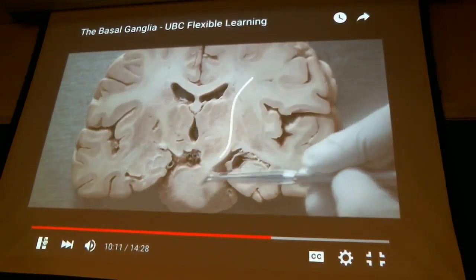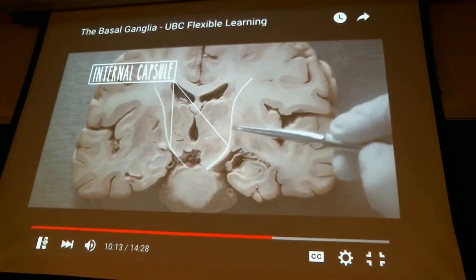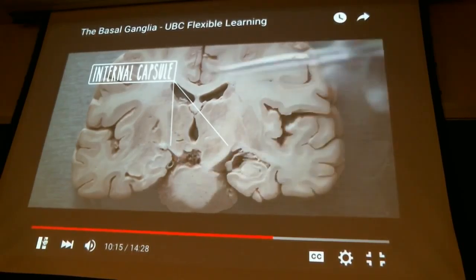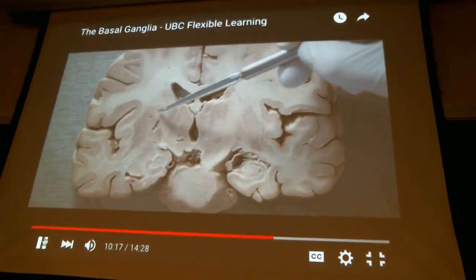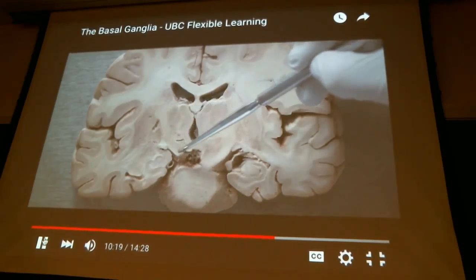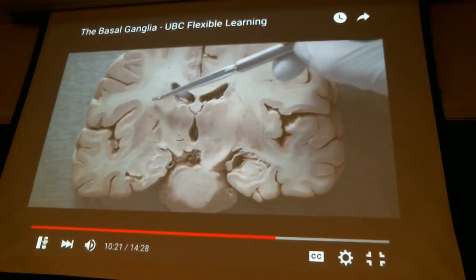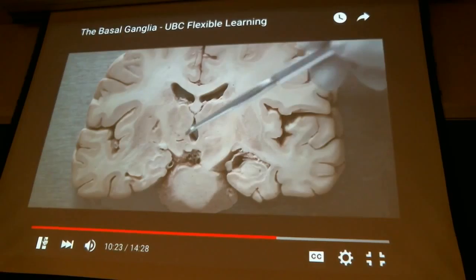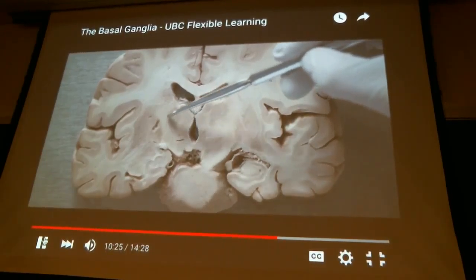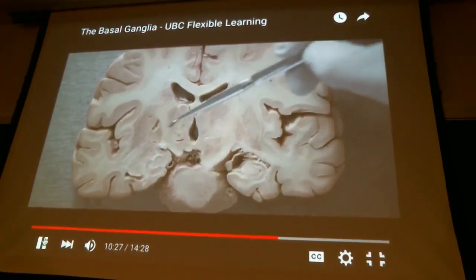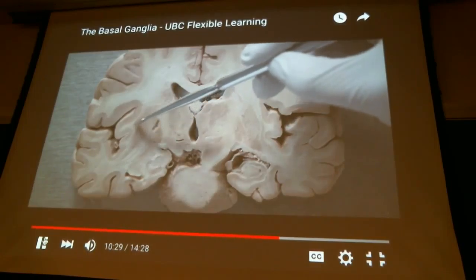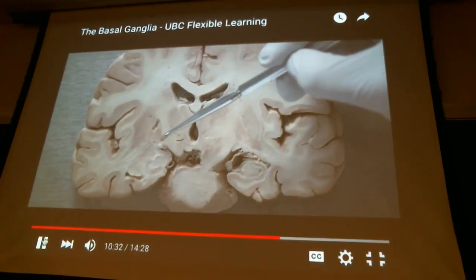This bundle of projection fibers is the internal capsule. And here is on the other side. Here, this is the internal capsule. It's the posterior limb of the internal capsule because it separates the thalamus from the putamen and globus pallidus.